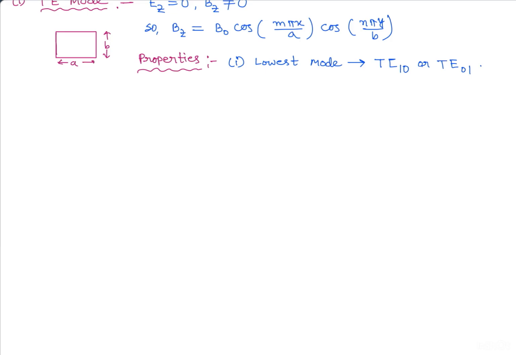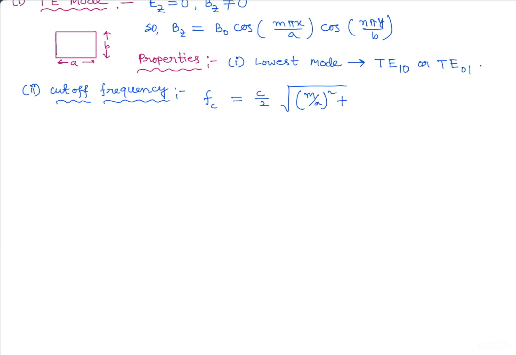Now cutoff frequency. Cutoff frequency fc will be c by 2 root over (m by a) whole square plus (n by b) whole square.